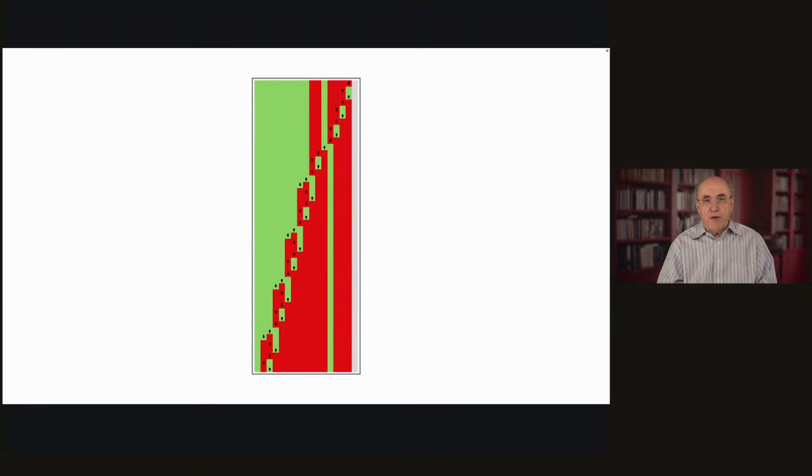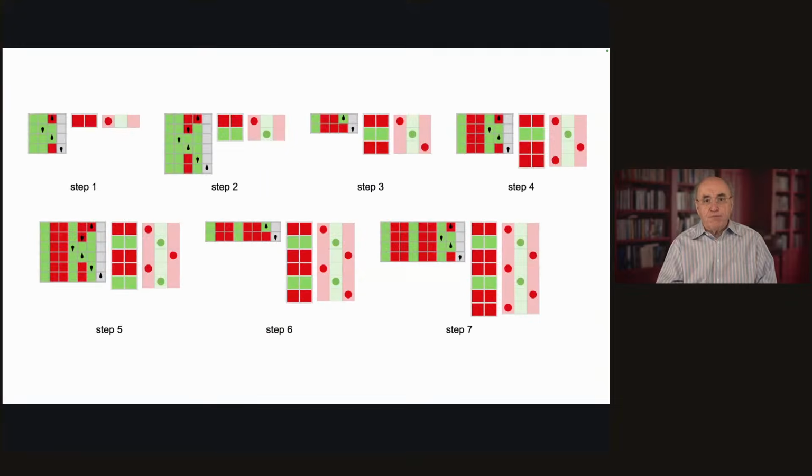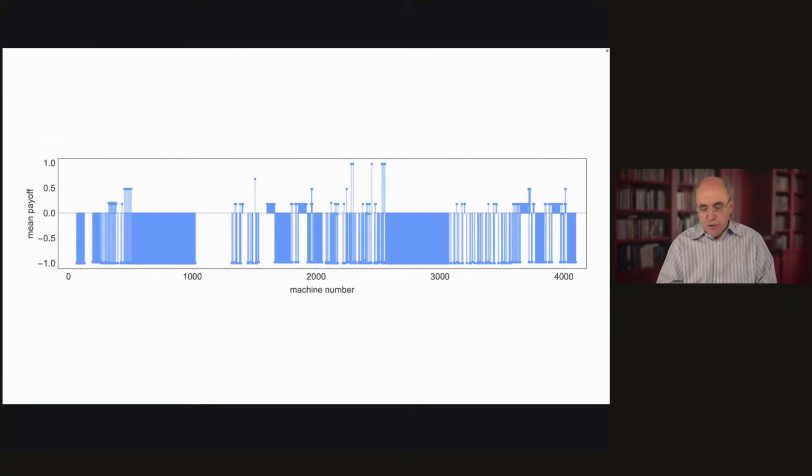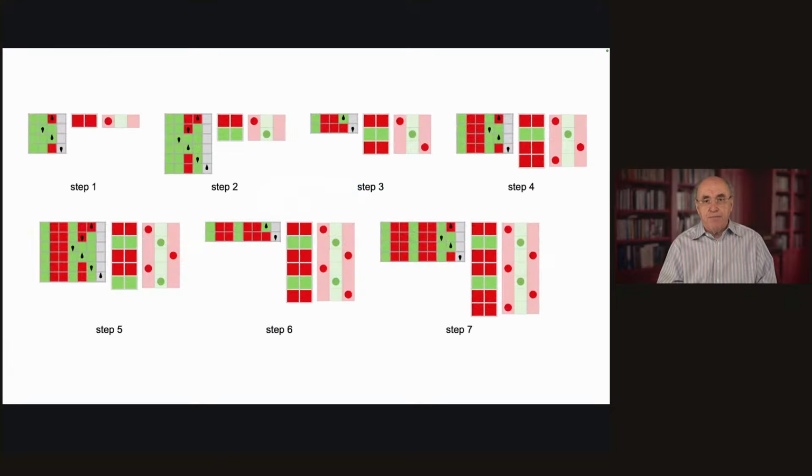And if such an undefined payoff ever occurs in a particular game, we assume that the mean payoff for the whole game is undefined, leaving a gap in the plot that we made before. So that was the plot, and you can see that there are gaps for machines that just didn't halt when we tried to play them in this game.